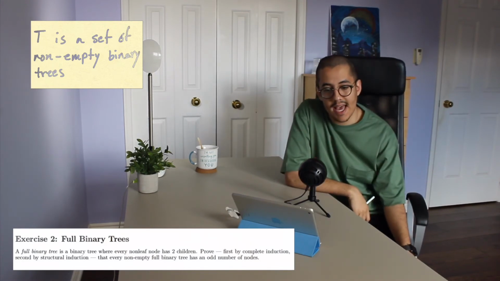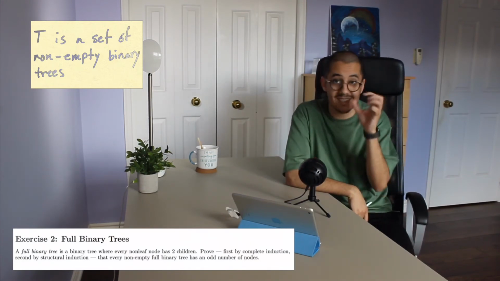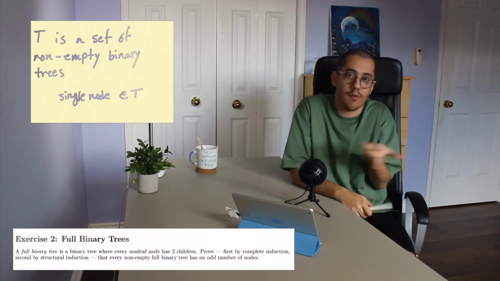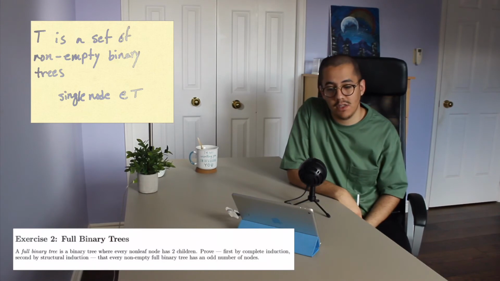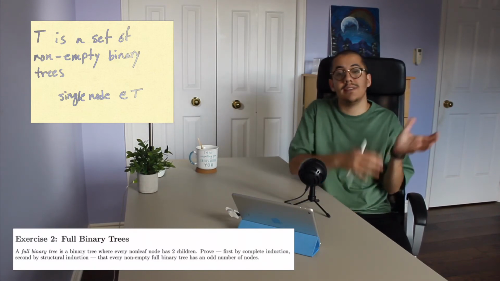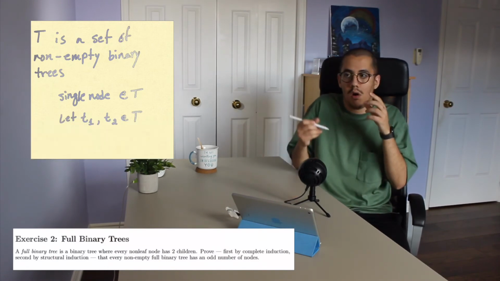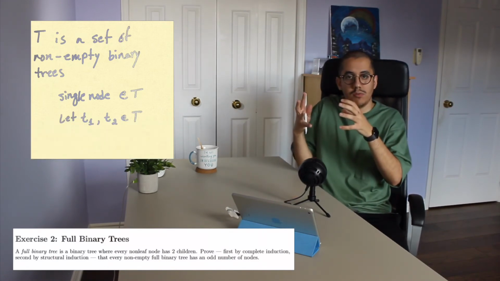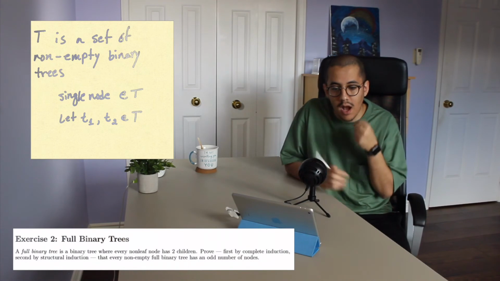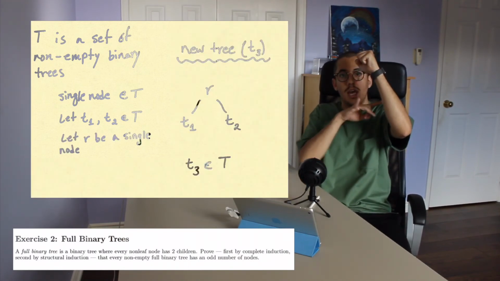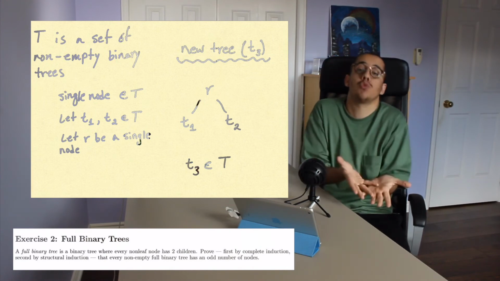Any single node, like our base case in the complete induction, is in T, of course, because it matches that definition. And if some T1 and some T2 are in T, the set of full binary trees, then a new tree with a root R at the top, and then T1 on the left and T2 on the right, is also going to be in T.